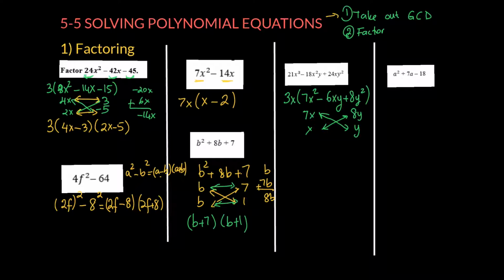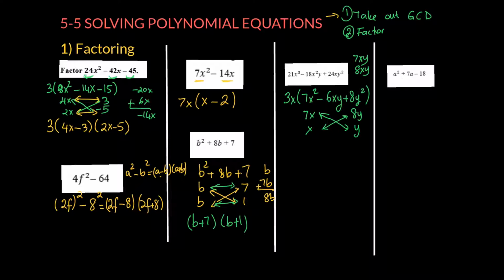Now what I have, if I cross multiply 7x times y, if I multiply these two, let me be more clear, I get 7xy from that. And then if I multiply these two, I get 8 times x times y.